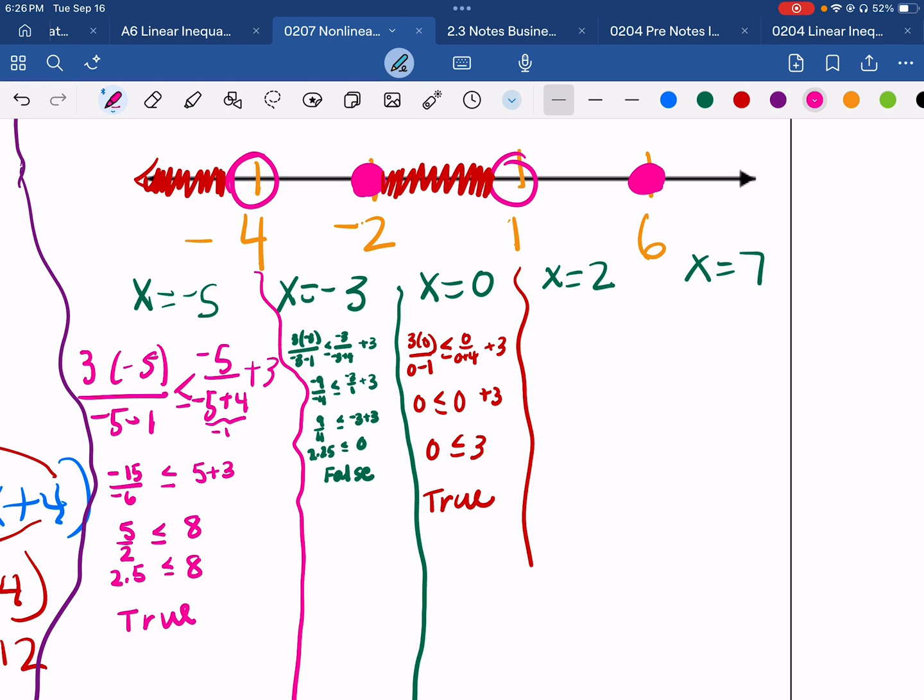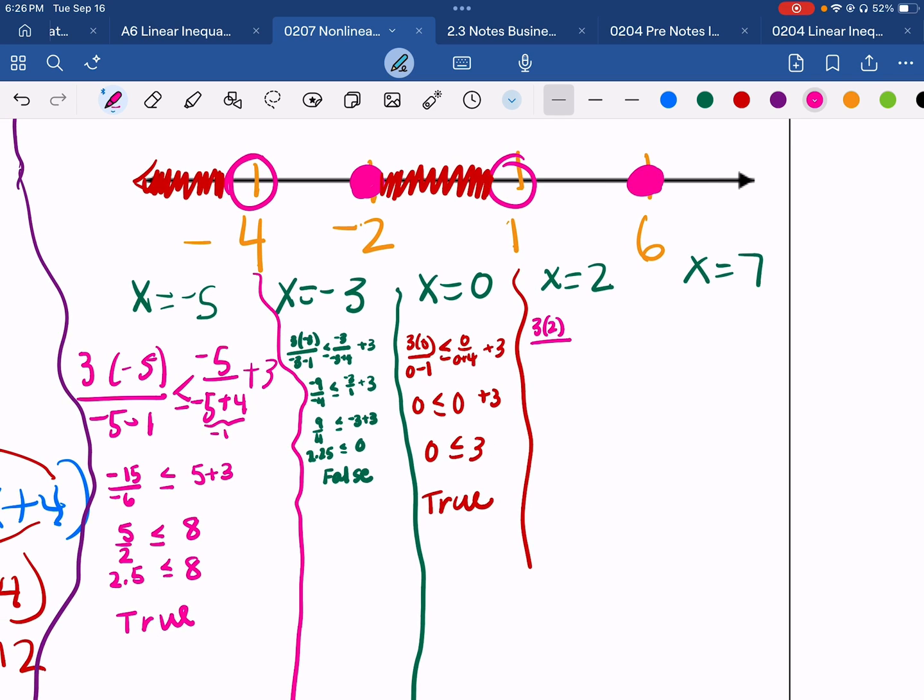X equals 2. 3 times 2 over 2 minus 1. Is that less than or equal to 2 over 2 plus 4 plus 3? That gives me 6 over 1, which is just 6.